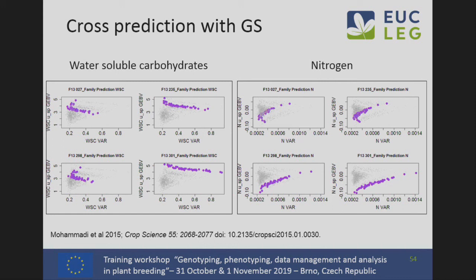We looked at this program called PopVar, which predicts the performance of progeny from all potential pairwise combinations that you would want to look at.